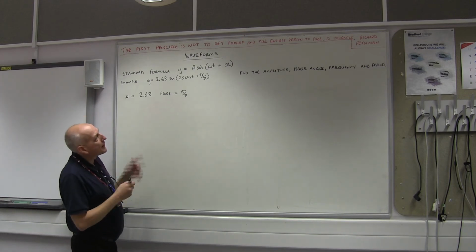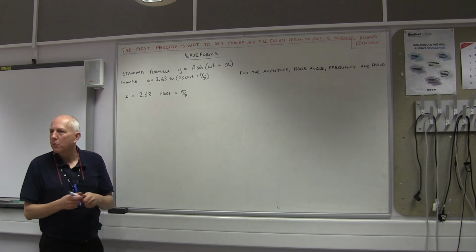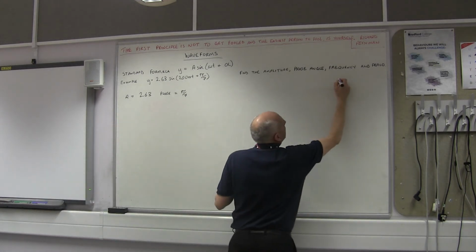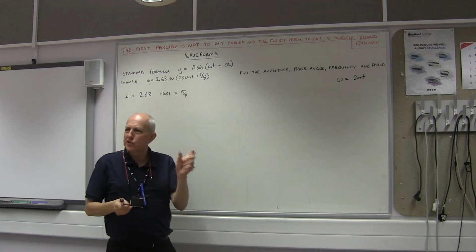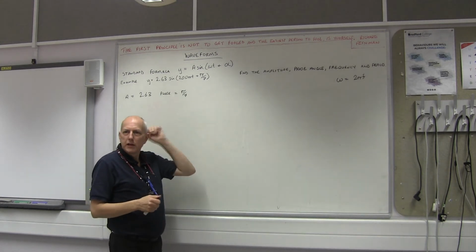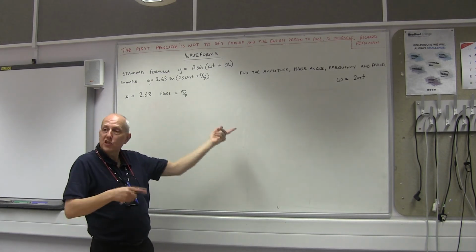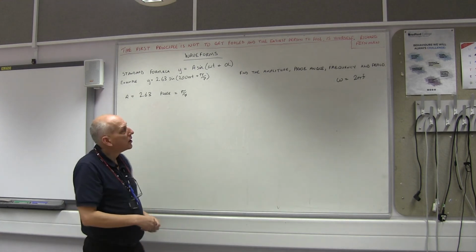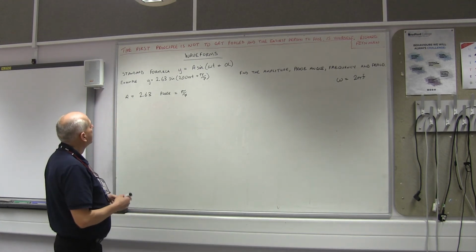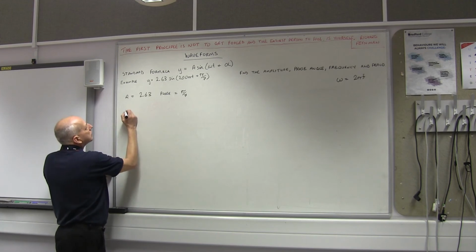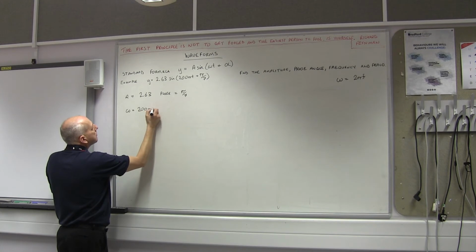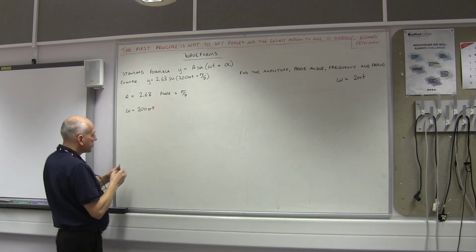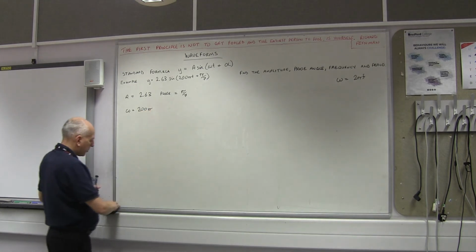So now we need to find the frequency, we need to do a bit of work, and we're going to use this standard formula, omega equals 2 pi f. And you will have seen that before. You get that in your capacitor formula and your inductor formula, where it's supposed to be angular frequency, but we need to convert it to a working frequency. So we've got our omega equals 200 pi t. Sorry, t is the variable of time.